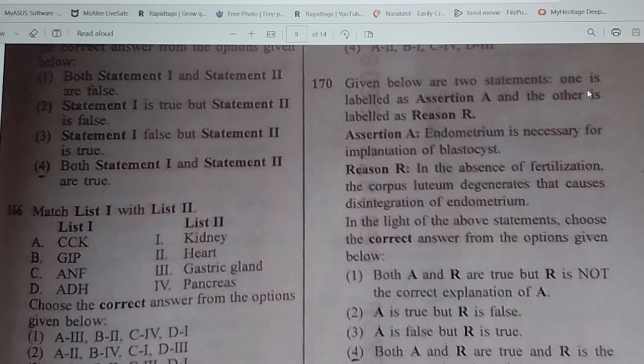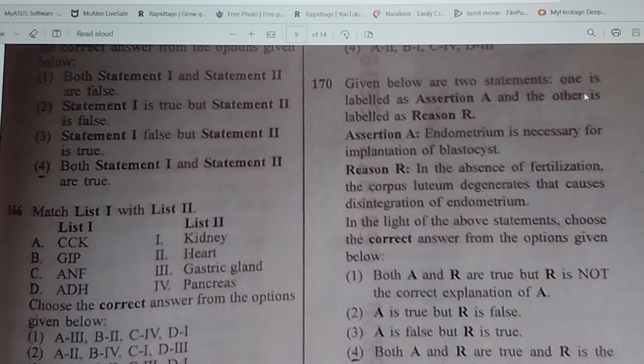Then 170, given below two statements, assertion and reason. Endometrium is necessary for implantation of blastocyst is very correct. And then reason, in the absence of fertilization, corpus luteum degenerates, that causes disintegration of endometrium. So 170, both A and R are true, and R is not the correct explanation.